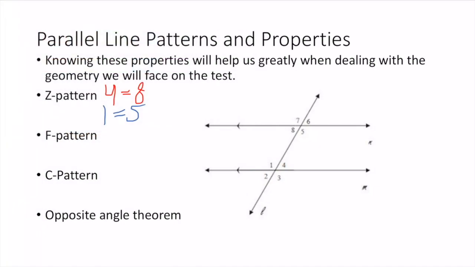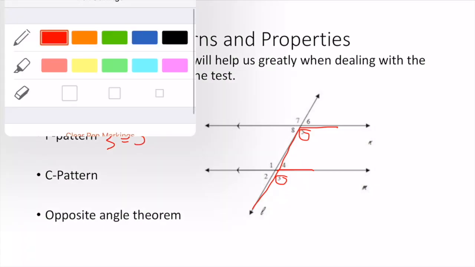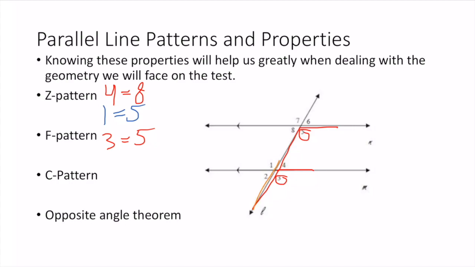Okay, the F pattern is just the shape of an F. The bottom parts of these are the same. So in the F pattern, angle 3 would equal angle 5. Right here, the orange one, I have a backwards F, and it tells me angle 2 equals angle 8.